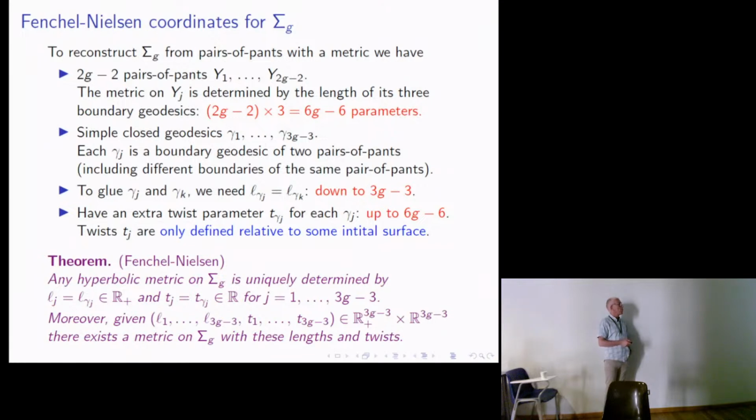Now I want to glue along these curves, which gives me 3g minus 3 conditions, and that takes me down to 3g minus 3 parameters of freedom. But then I have an extra twist parameter for each curve, which takes me back up to 6g minus 6.